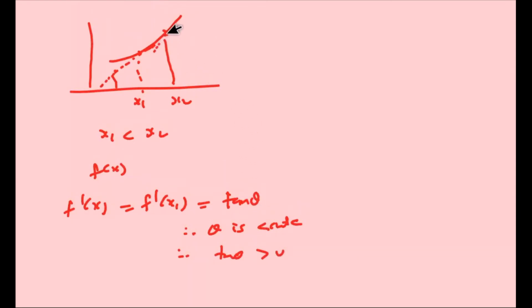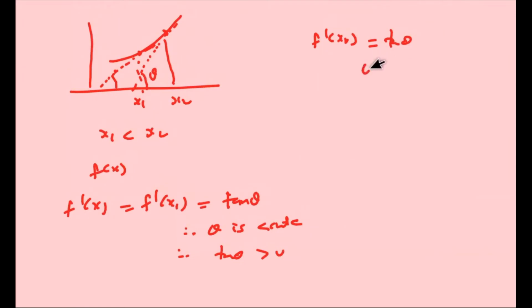Similarly, for this point also we can see here is again theta, and f dash x2 equals tan theta.